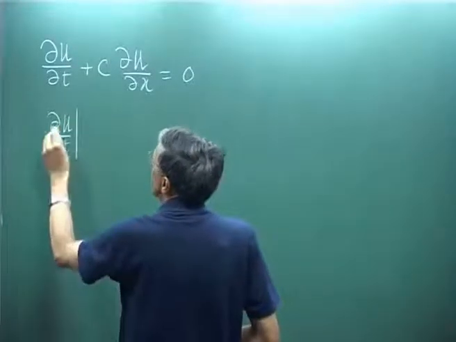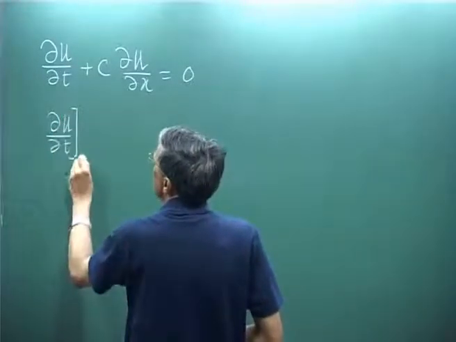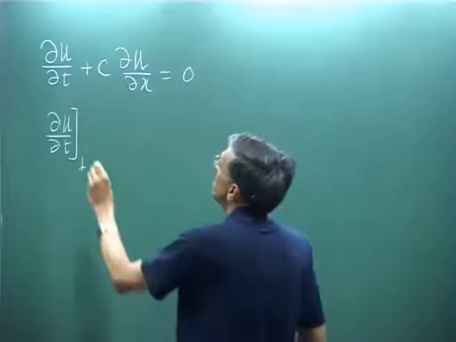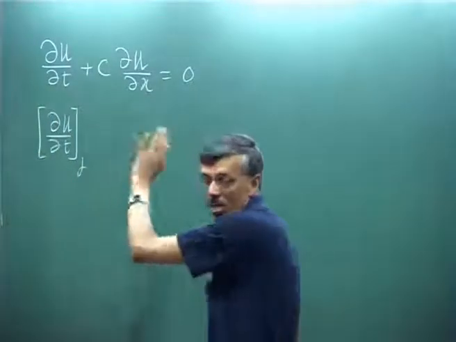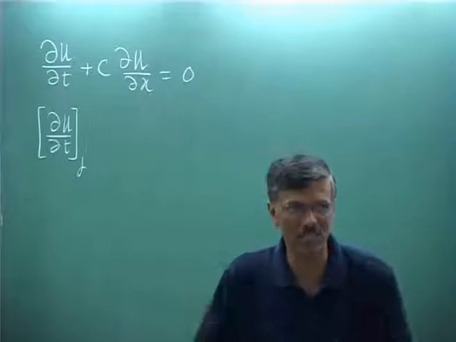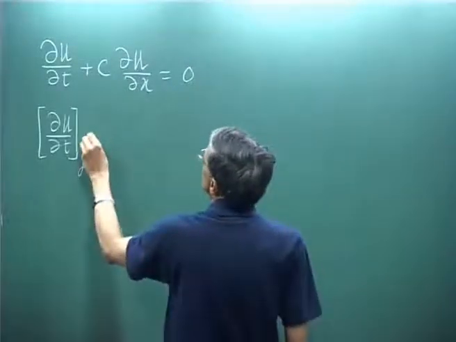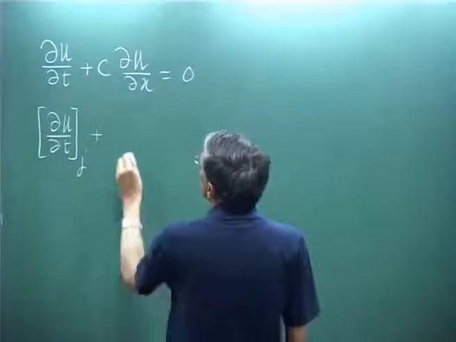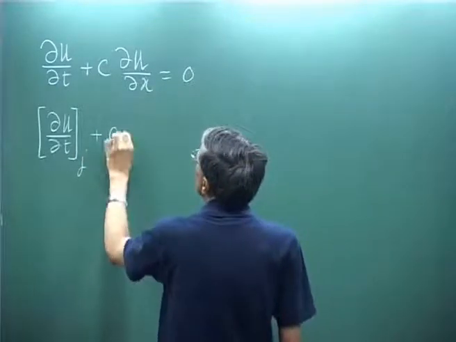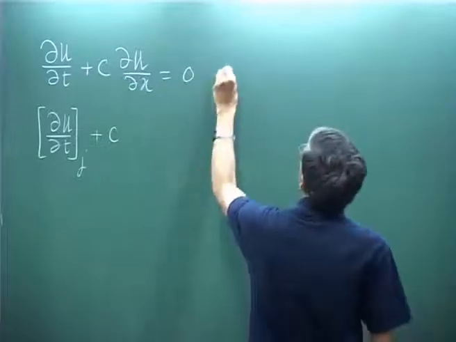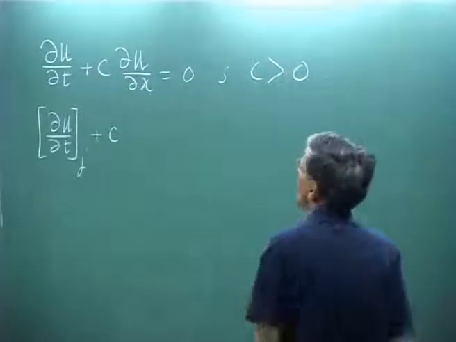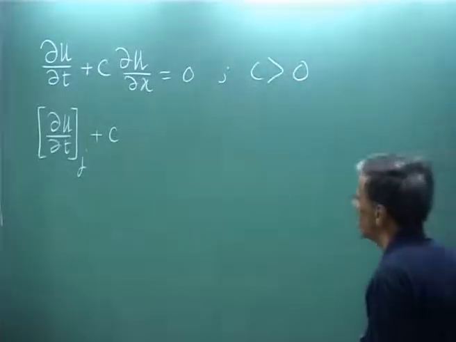Let us say it is discretized at a node j without any questions asked about its accuracy. So, let us say the time discretization is accurate, and this is what we write. And let us say we do this space discretization using a forward difference. Let us also look at the case for which C is positive.